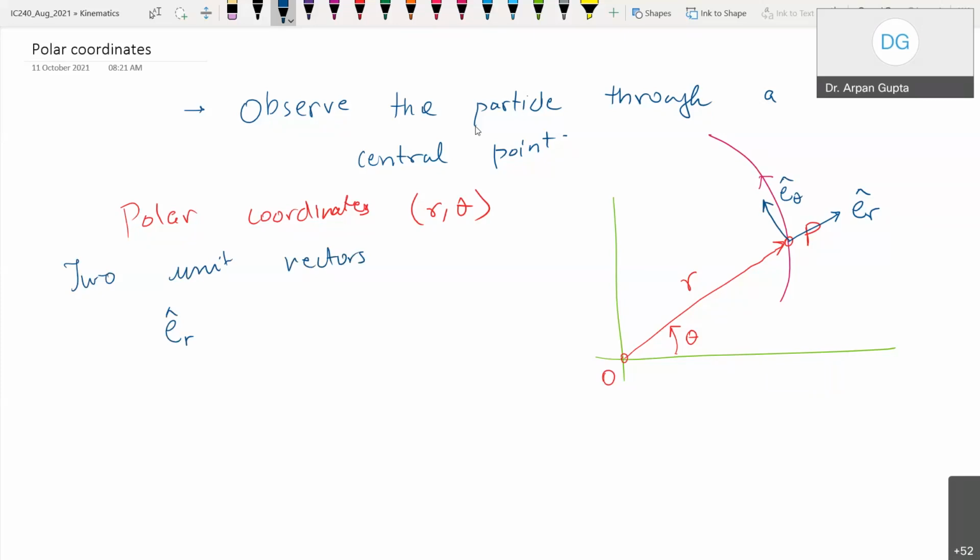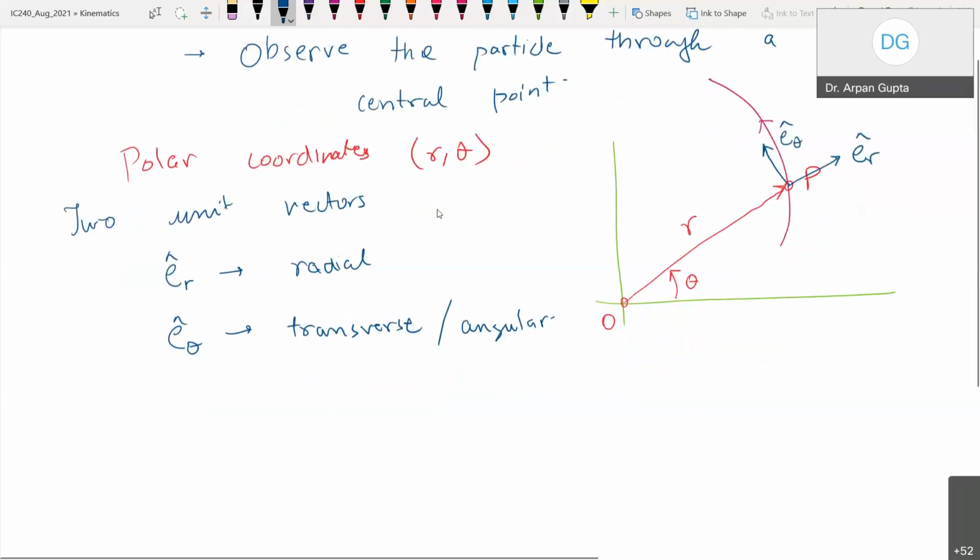So now we have two unit vectors. One is er cap, which is along the radial direction, and second is e theta cap, which is called the transverse or angular direction. This is your e theta cap.